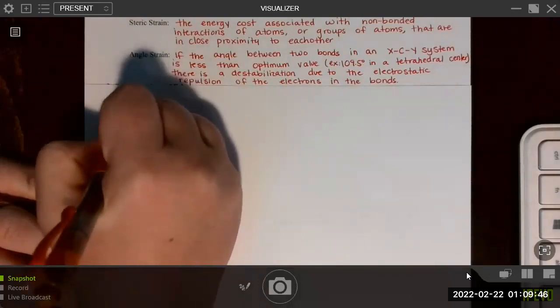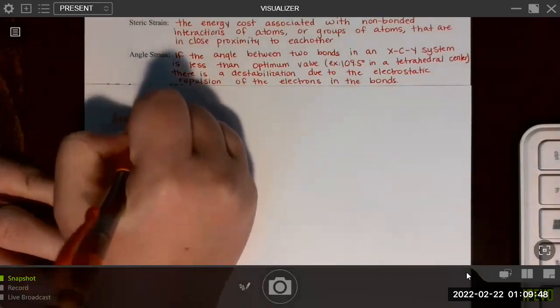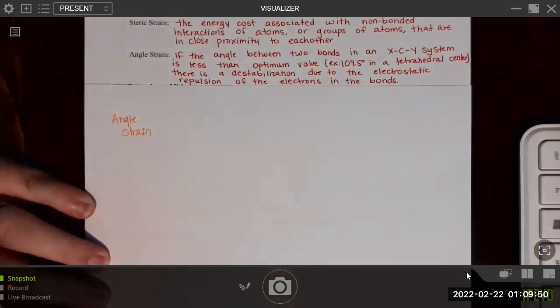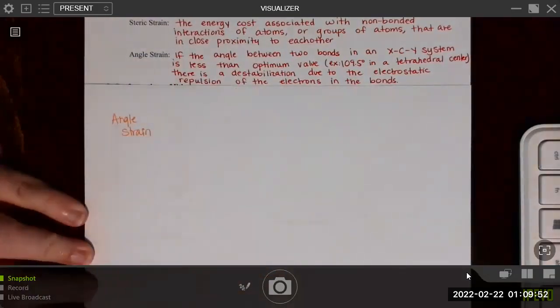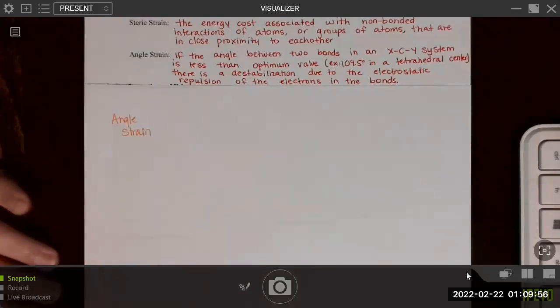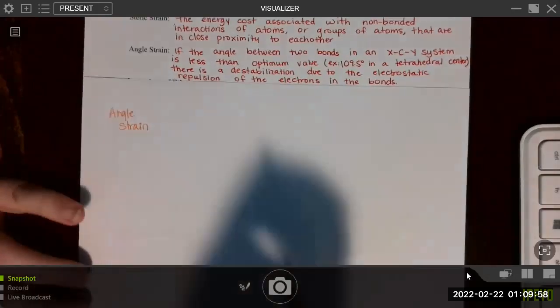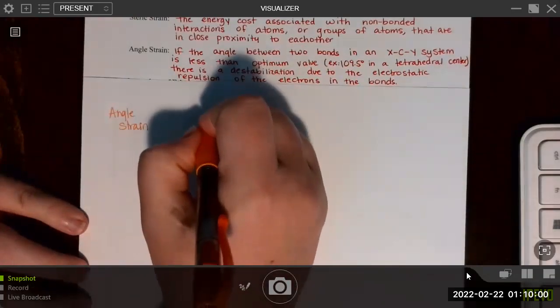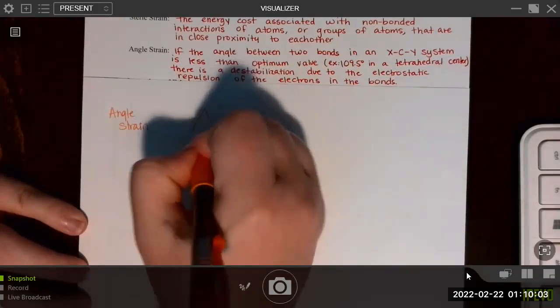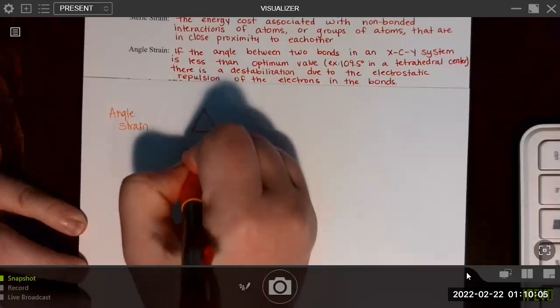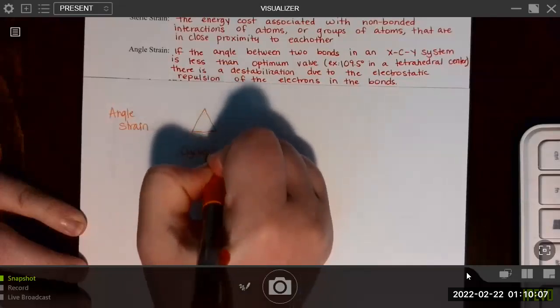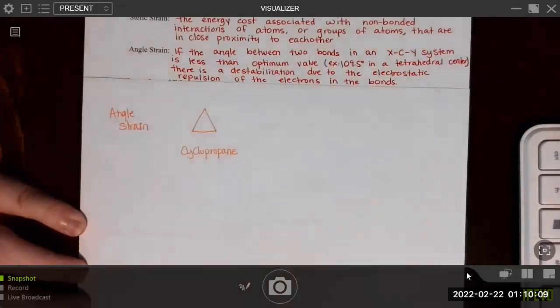Because that really helps us see the difference in what exactly we are talking about with these different types of strain. So another example that we will come upon soon is cyclopropane. So cyclopropane is a 3-membered ring made up of 3 carbons that are attached.